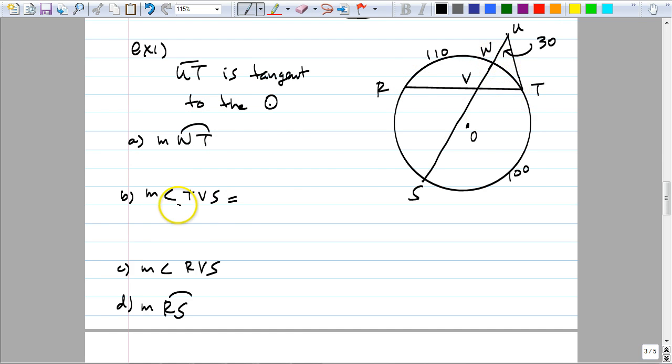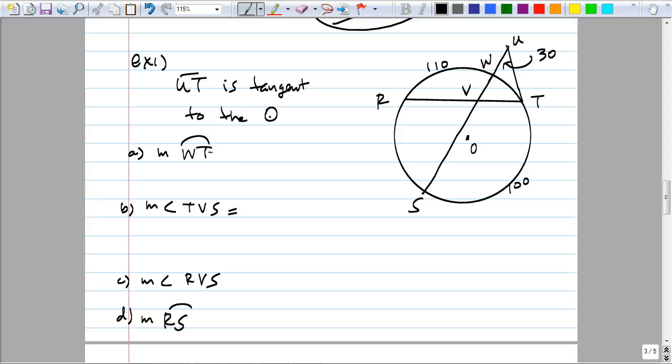Can you also tell me the angle TVS, this angle measure, and angle RVS, which is right here, and RS, where's RS? Oh, here. Can you figure those out? Go ahead, everybody try. I'll wait.